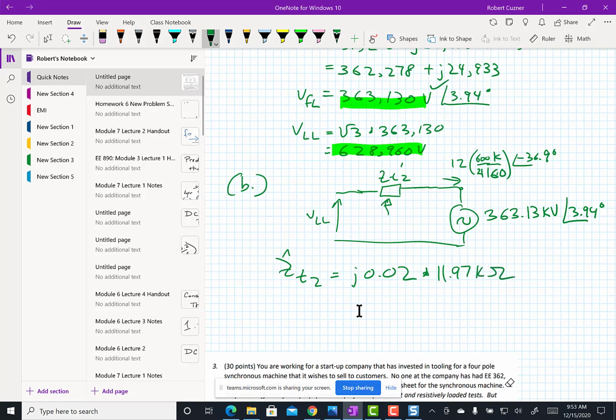But I have to, so I could find that. That would be 0.02 times 11.97. So that's 239.4 ohms.